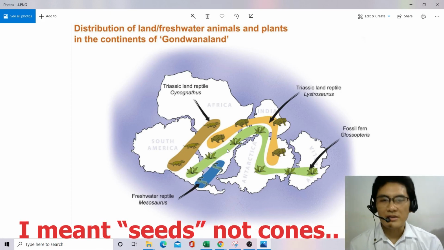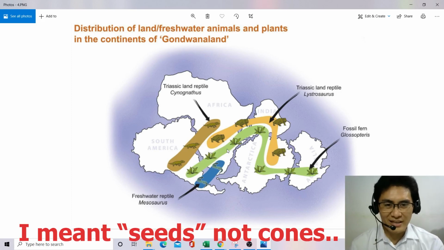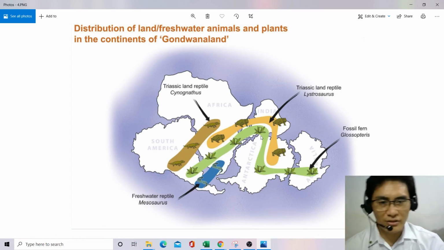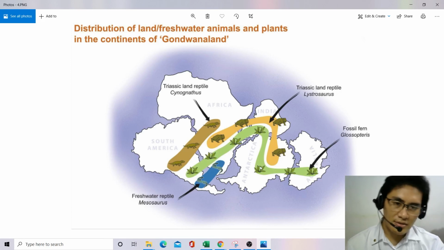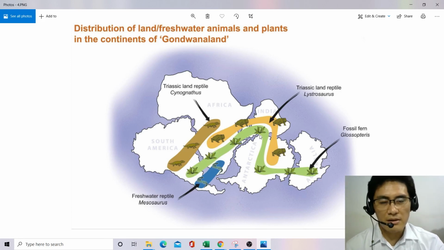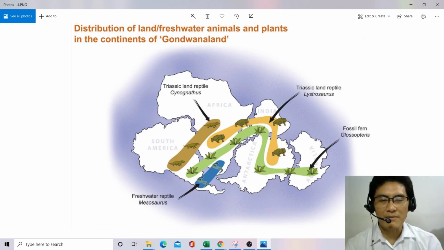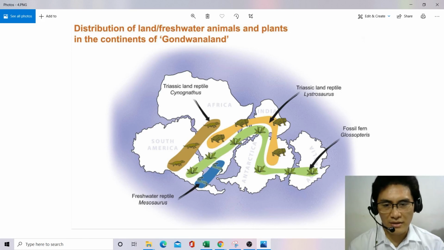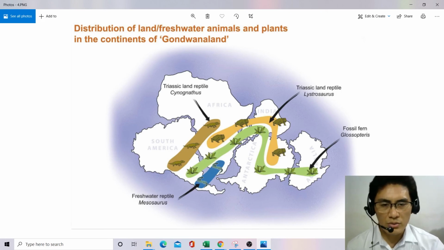So it couldn't be, say, blown by the wind and reach the next continent. But the fact that you can see a line where all of these Glossopteris fern fossils are found gives you a hint that maybe the continents were once connected together. There is no other way to explain all this connectedness, right?